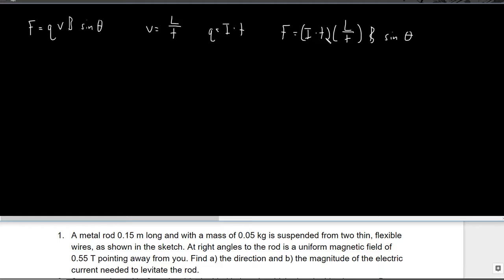Okay. Thing here is I've got time here and time on the bottom here. Those times cancel. So really the big equation we're going to be using today, magnetic force on a current carrying wire, is equal to the current on the wire times the length of the wire times the magnetic field strength that wire's in, multiplied by the sine of the angle relative to the magnetic field.